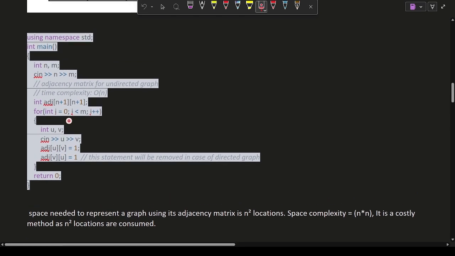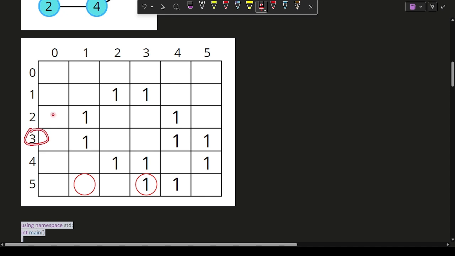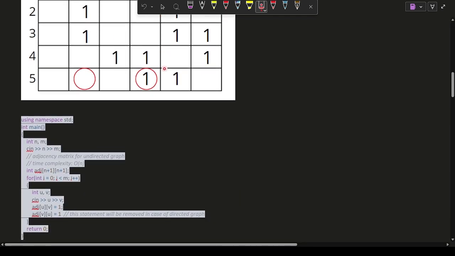So u and v tell the nodes. Suppose 3 and 1 are connected. Take this as u and this as v. Since they are connected, set the matrix value at (3, 1) to 1. If not connected, then take 0 or leave it blank.